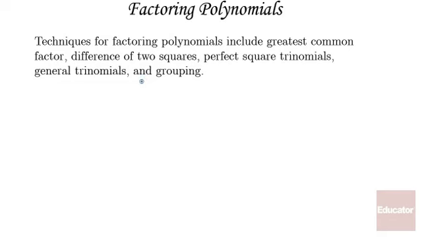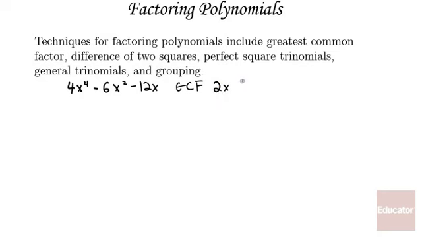Just as we did with quadratic equations, if you're going to be working with a polynomial, the first thing you want to do is, if there is a greatest common factor, factor that out first. For example, if I had something like 4x to the fourth minus 6x squared minus 12x, I have a greatest common factor of 2x.